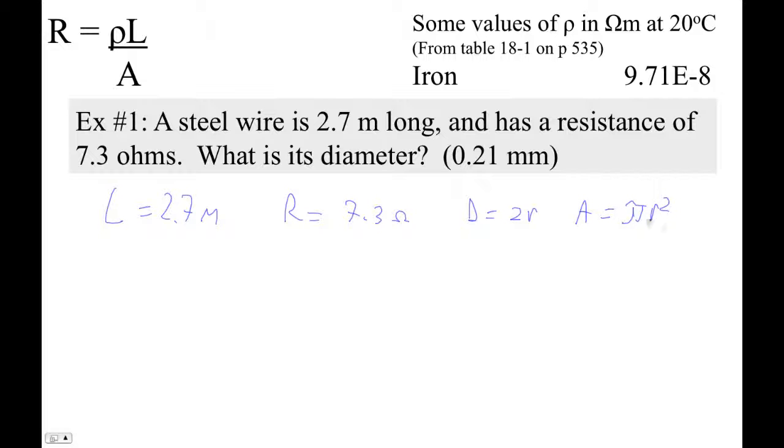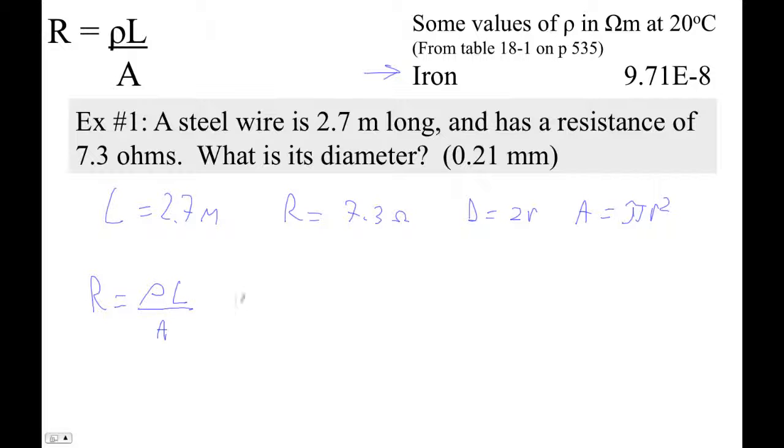We're assuming this is a cylindrical wire, like most wire. Okay, so ultimately we're going to say the resistance is equal to the resistivity, and we'll just use the one for iron for steel, hope that it works, times the length of the wire over the area.